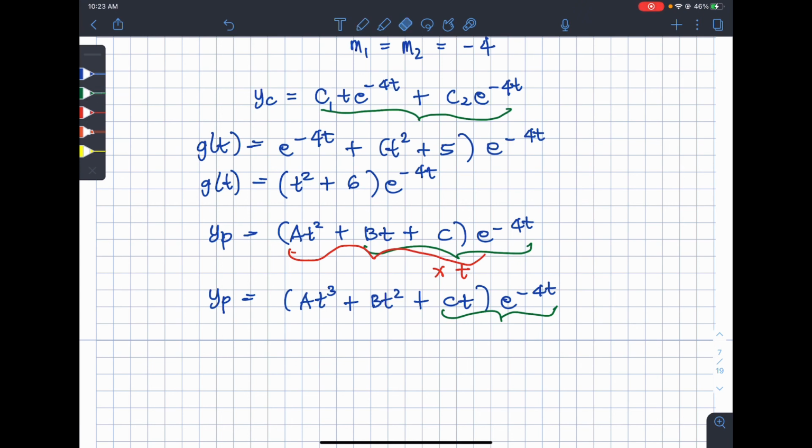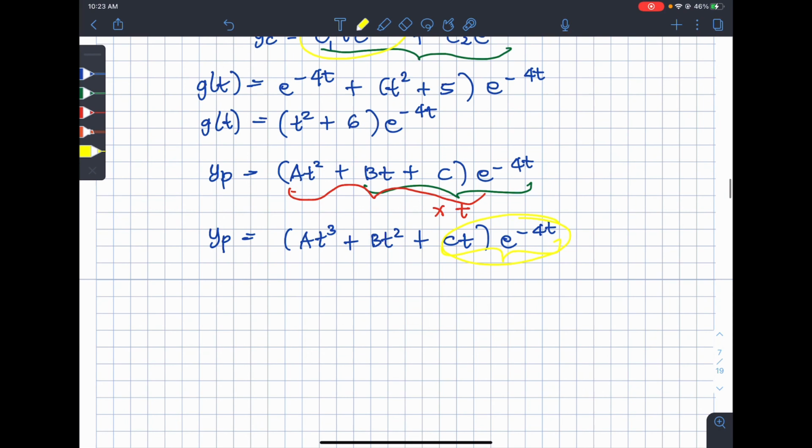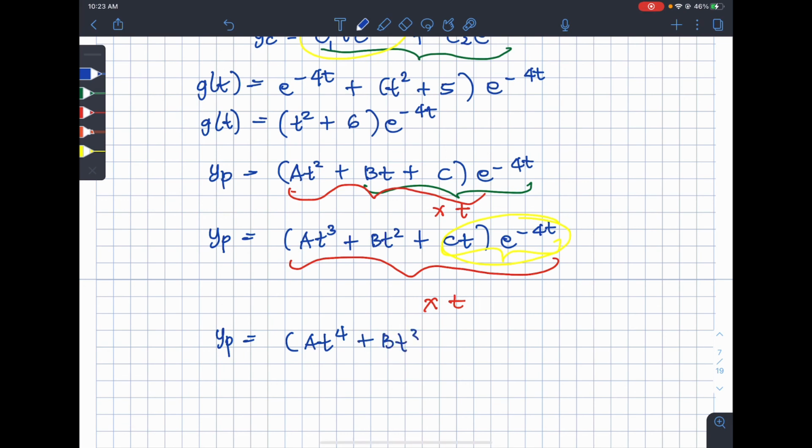The ct e raised to negative 4t is still the same as this one. So therefore, I'm going to multiply everything by t again. So yp would become a t raised to the 4th plus b t cubed plus c t squared, times e raised to negative 4t.